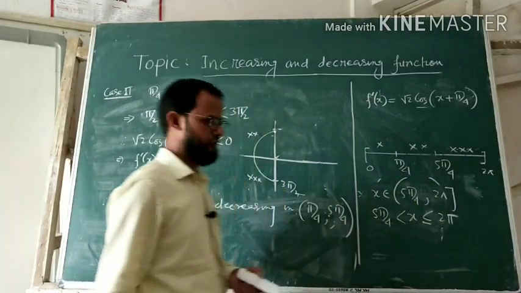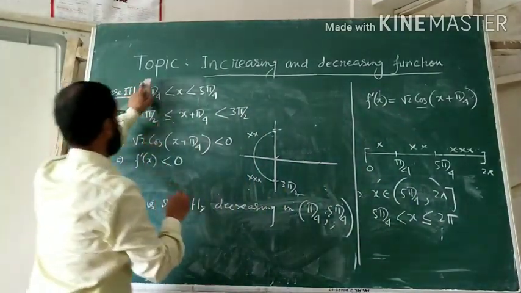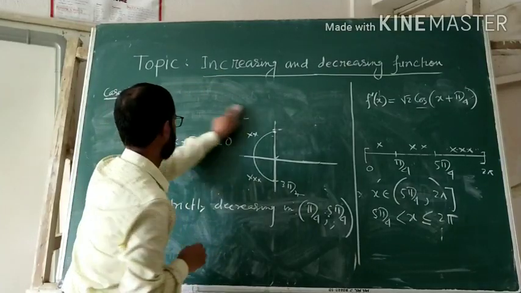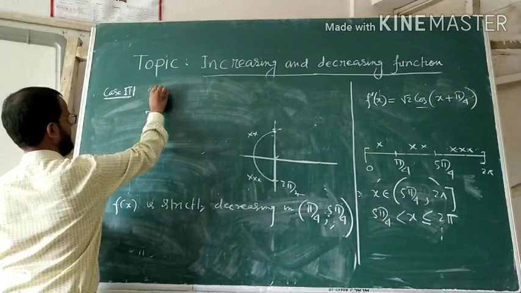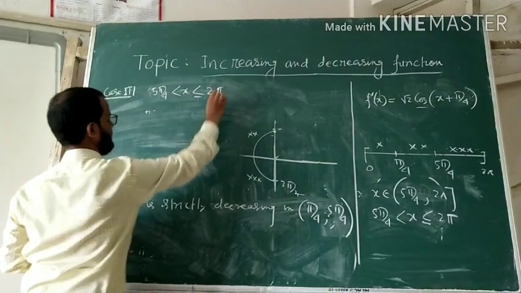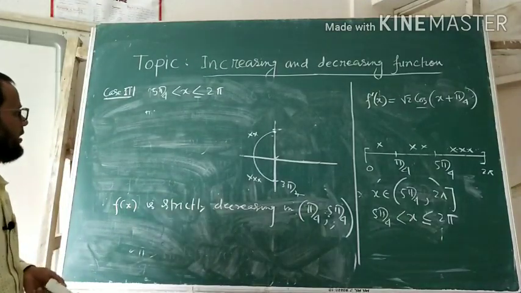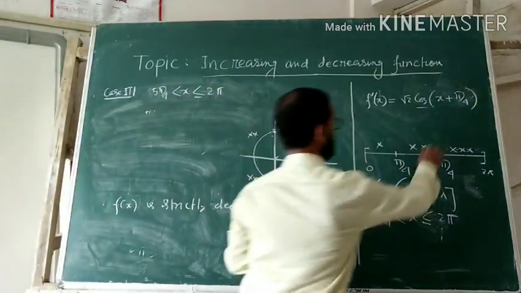So case number 3 is 5 pi by 4 less than x less than or equal to 2 pi.